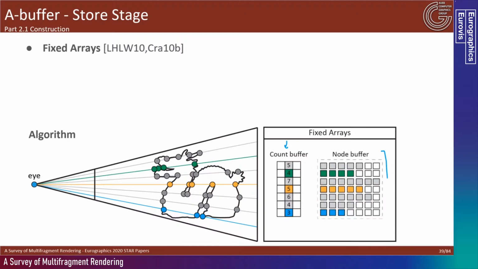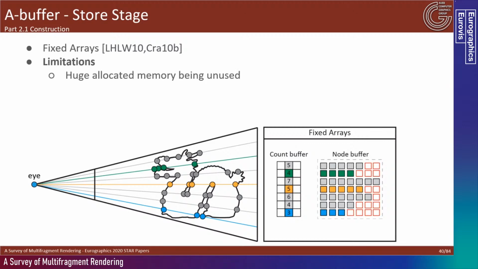This has a direct consequence in the cache coherence and therefore in the speed. On the downside, these methods suffer from huge allocated memory space being wasted, because in typical scenarios scenes have uneven fragment distribution, while these methods pre-allocate a fixed size array for all pixels.